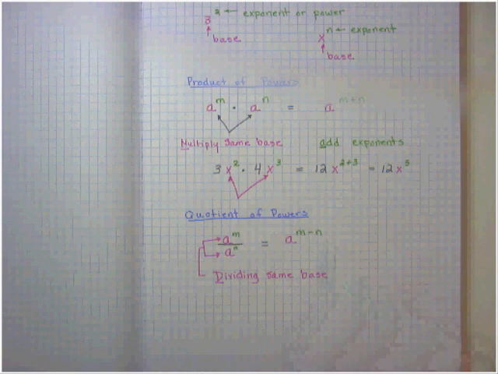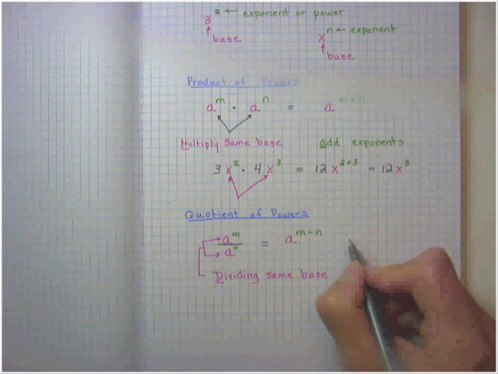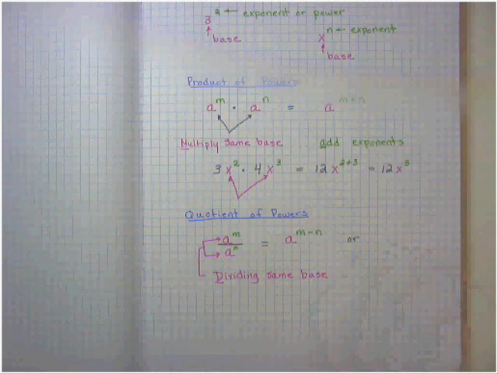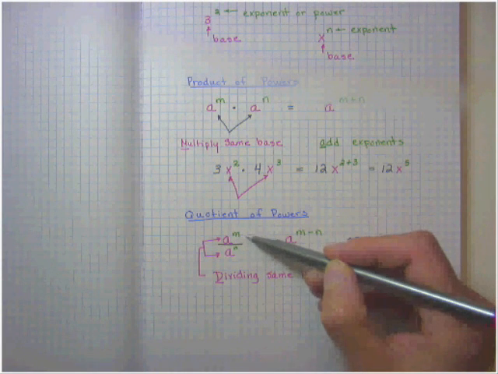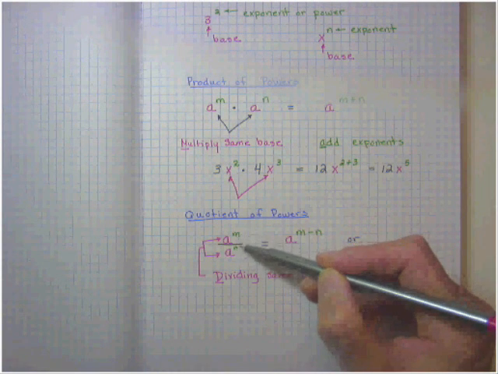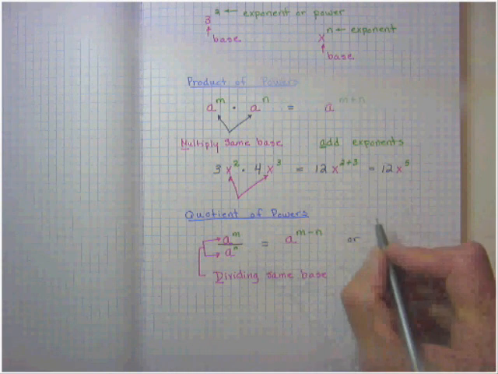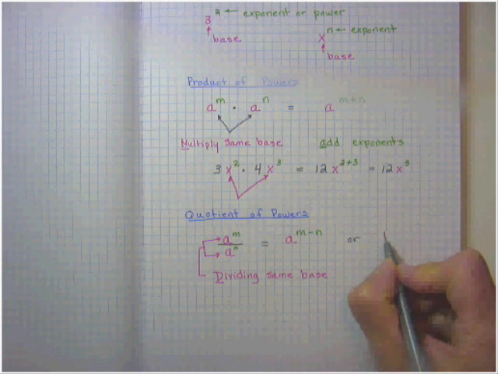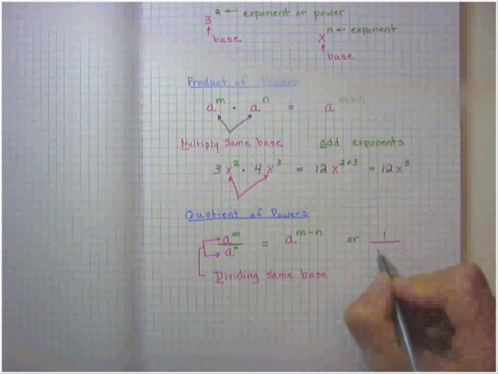Okay, so that's one way. Or I can also go the other way. Or I can bring this number down and subtract m from n. So then that would leave me with a 1 in the numerator.